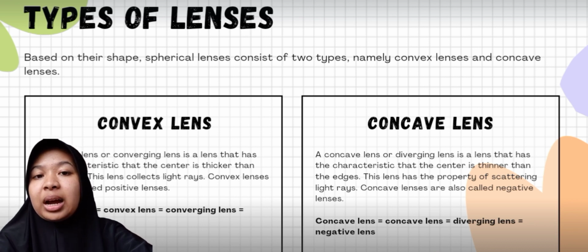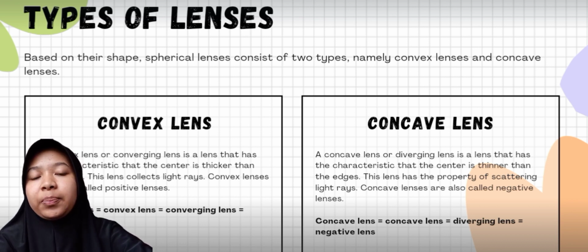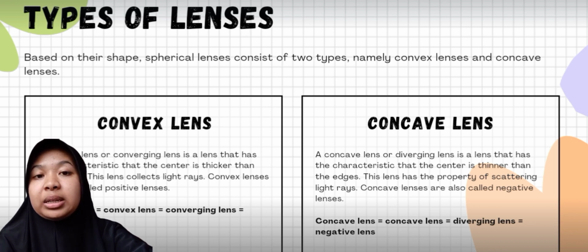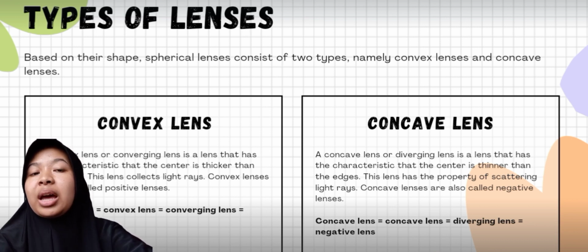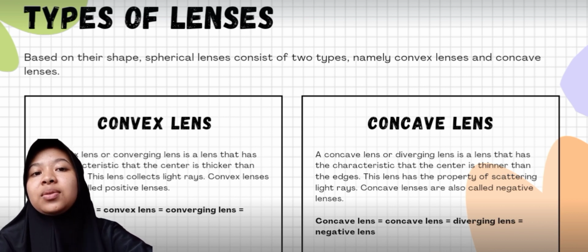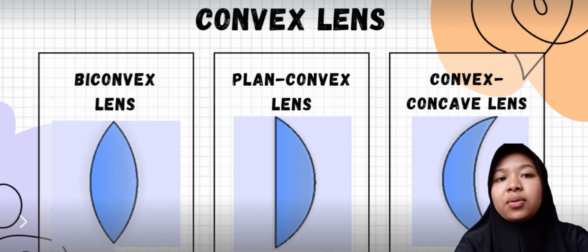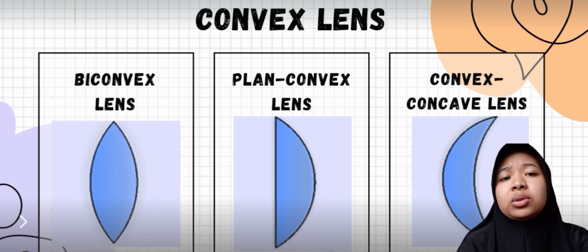Concave lenses are also called negative lenses, or can be expressed as concave lens equals diverging lens equals negative lens. Then this is an example of the shape of convex lens, which is divided into three types.